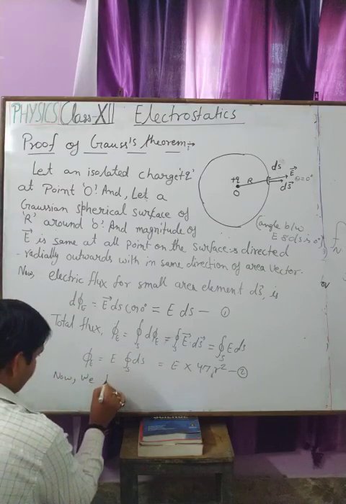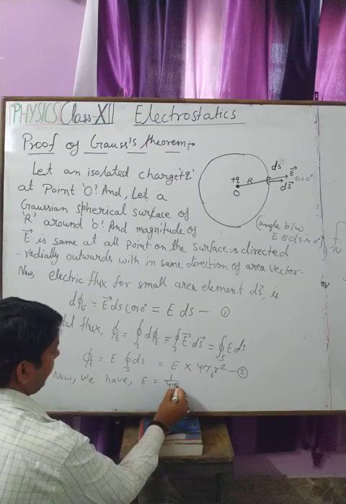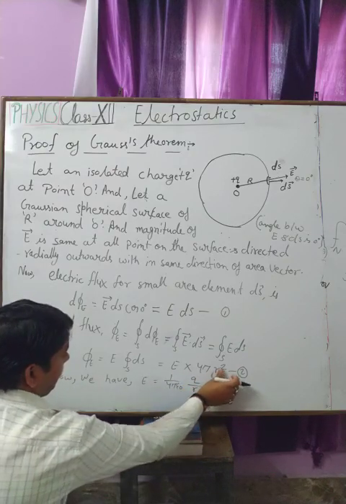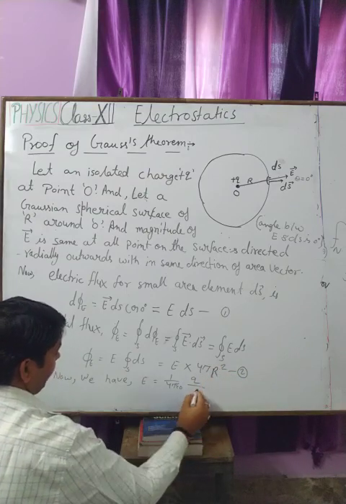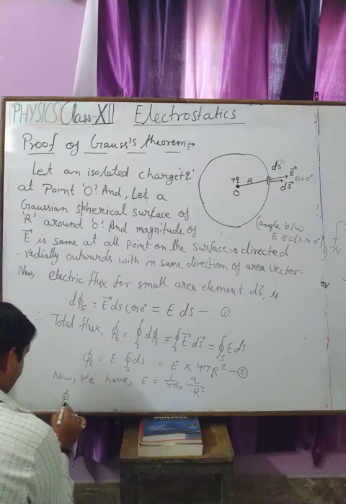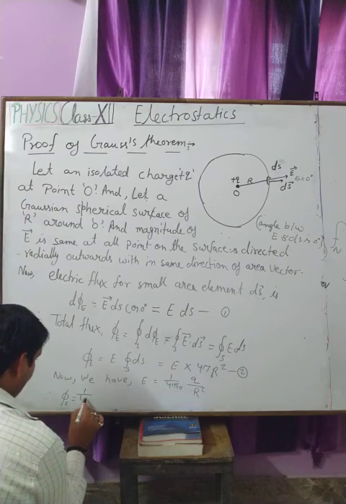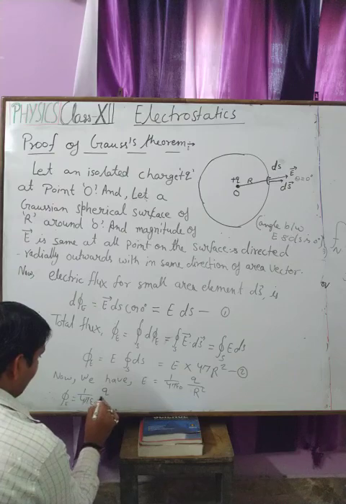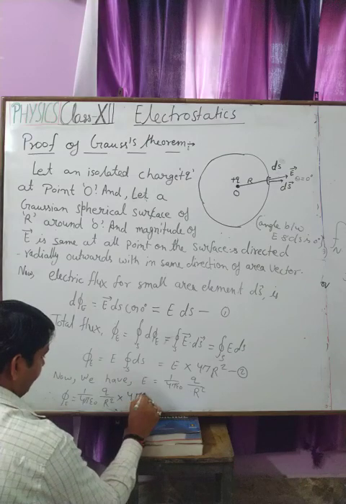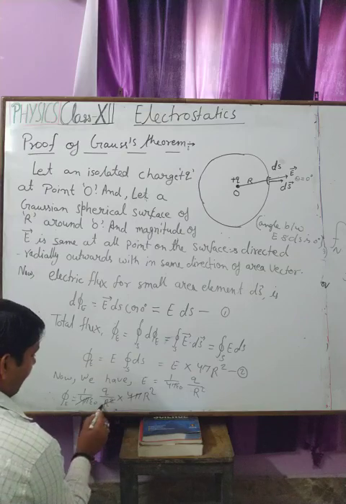Okay students, now E is equal to 1 upon 4 pi epsilon naught times q upon r square. Therefore phi E is equal to, in place of E, putting this value, 1 upon 4 pi epsilon naught q upon r square times 4 pi r square. The 4 pi cancels and the r square cancels.